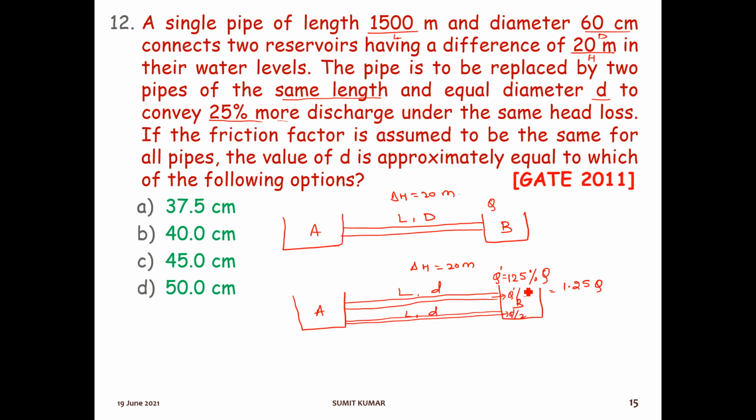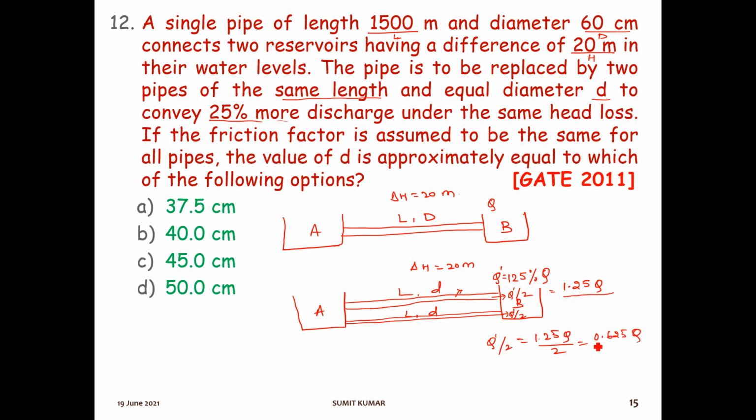Then only this reservoir B will get the total discharge Q. And since the total discharge is 1.25 Q, for a single pipe, this Q dash by 2 is equal to 1.25 Q by 2, and it will give you 0.625 Q. Okay, got it?